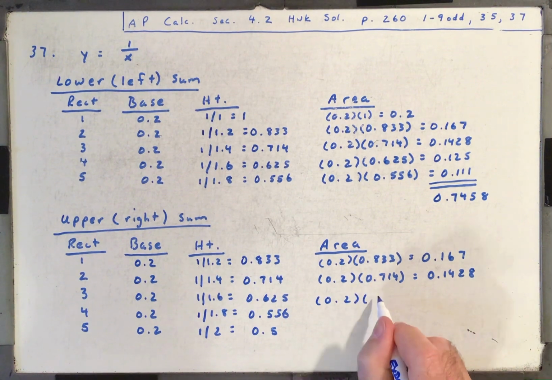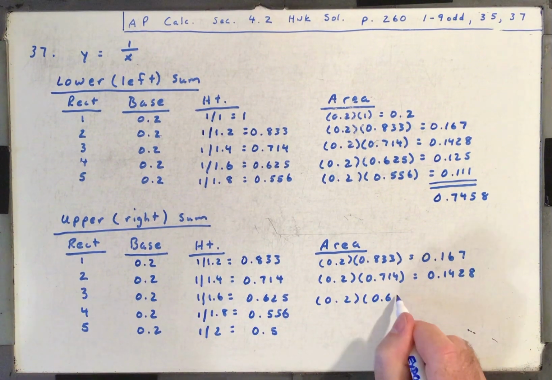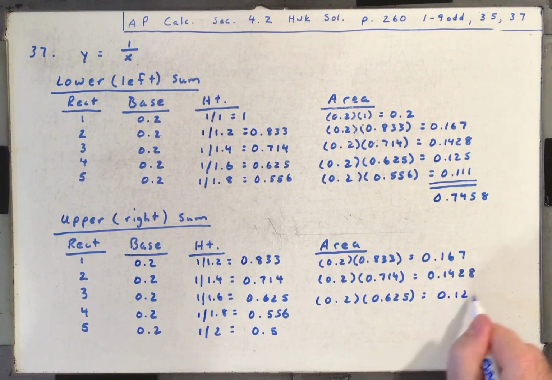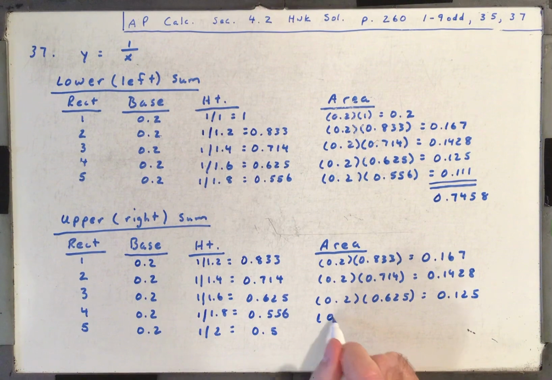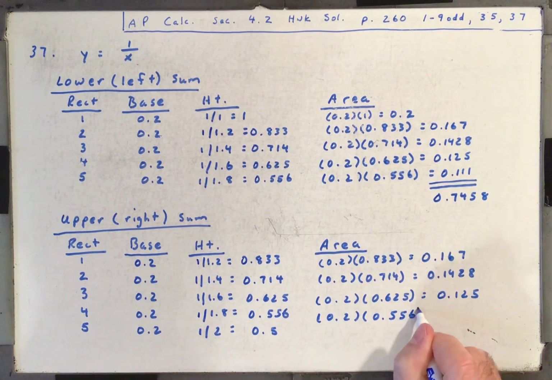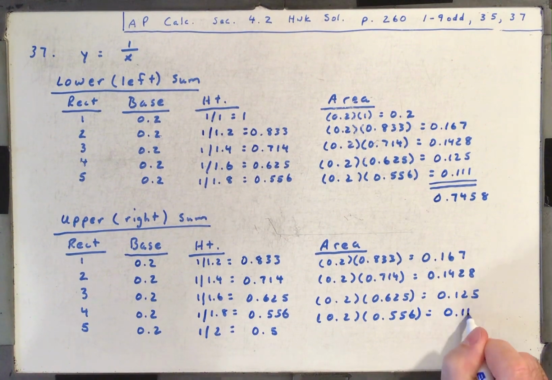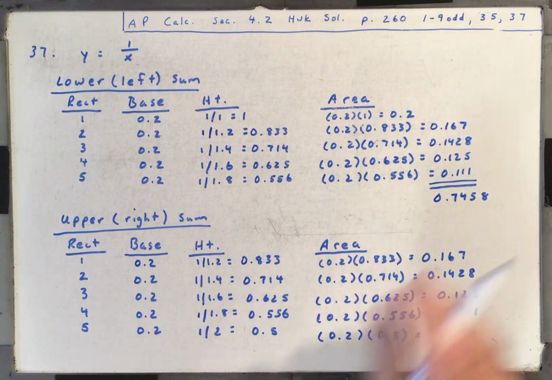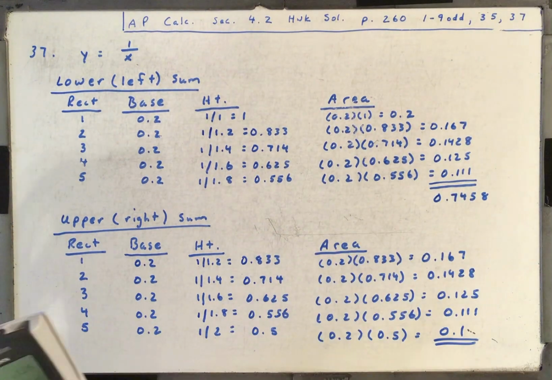And 0.2 times 0.625, which is 0.125. And 0.2 times 0.556, which is 0.111. And finally 0.2 times 0.5, which would be 0.1.